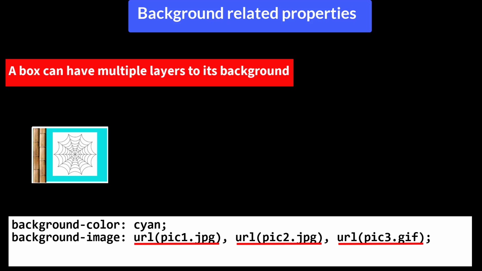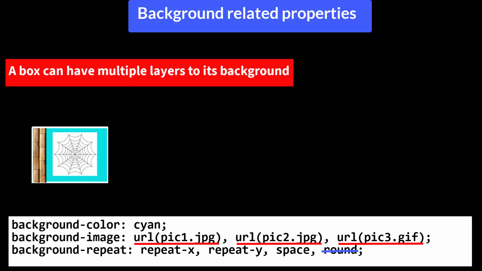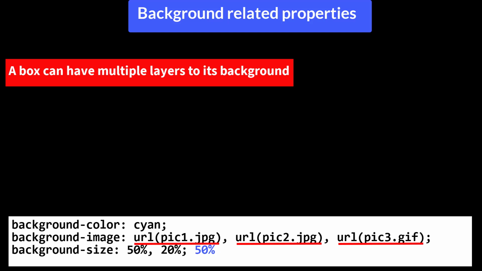For other background-related properties in the same style rule, there must be as many values as there are layers. Well, if there are more values than layers, extra values are ignored, and if there are fewer values than layers, the list of values is repeated enough times to match the number of layers. Anyway, usually you'll just have one image.